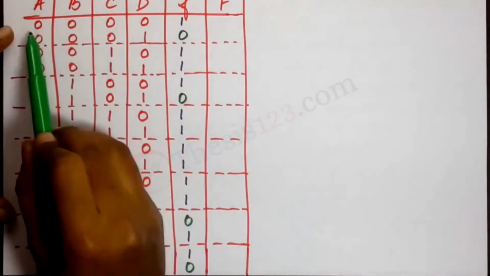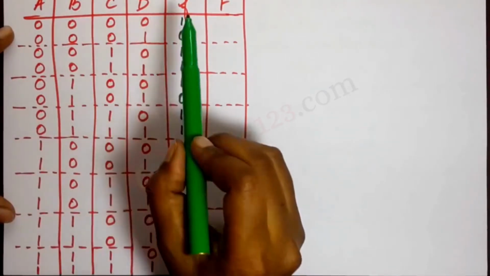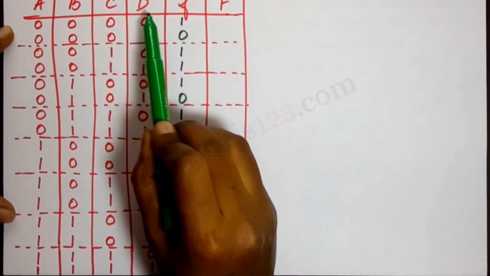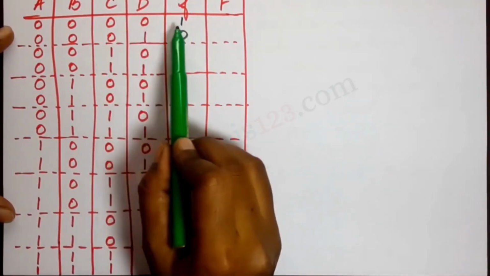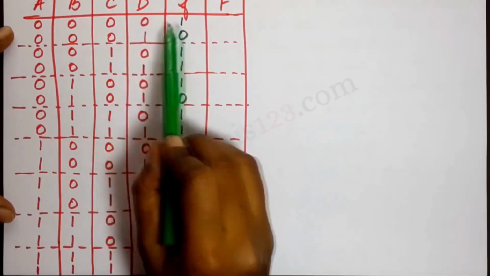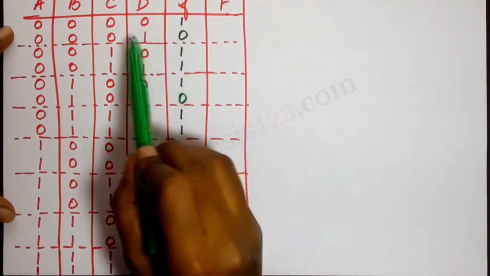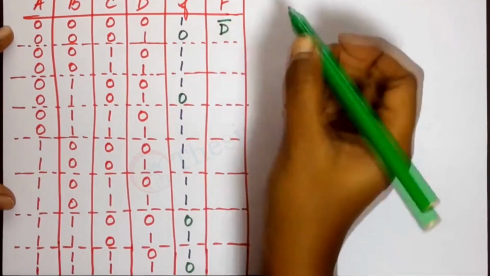Now look at the first part. The first pair, A, B, C are connected to the select lines. So let's leave that as it is. Now observe D and f here. When D is 0, f is 1. When D is 1, f is 0. So you see the values are opposite, right? That means that the input is D bar.